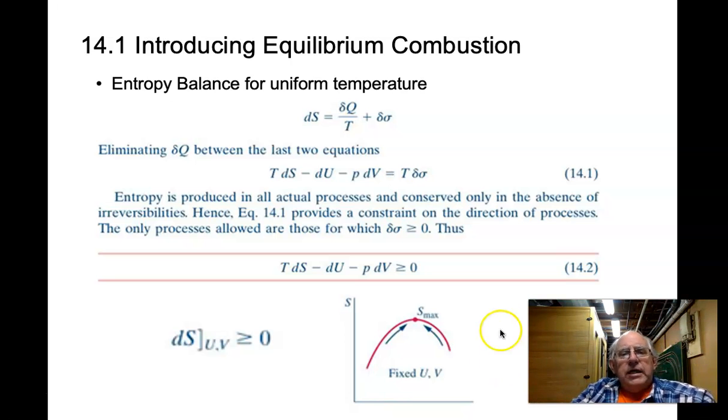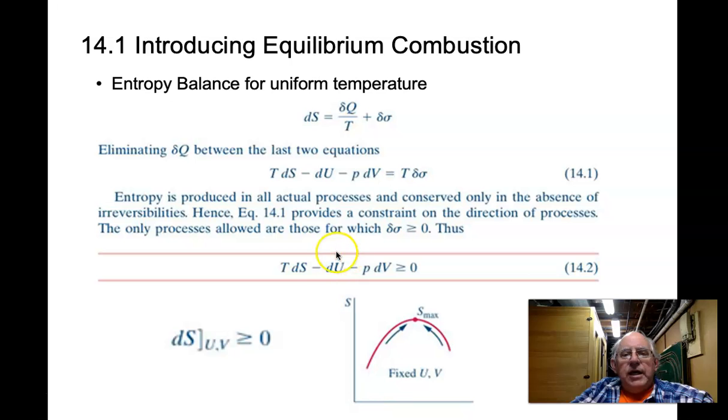And what this tells us is that a system will basically always have an increase or 0 change in entropy. And so a process will go from state 1 to state 2 only such that there will be an increase in entropy or no increase in entropy for a constant internal energy, constant volume process.